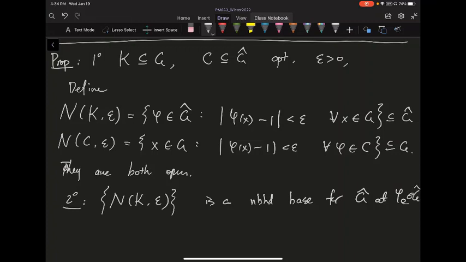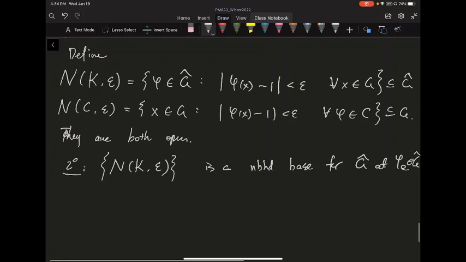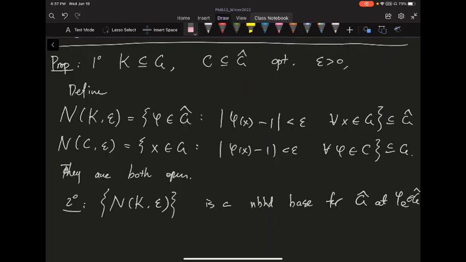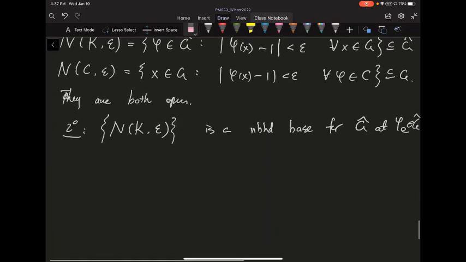So that describes another way of describing this topology. I have a much easier collection of bases for your topology. So now let's prove this proposition.